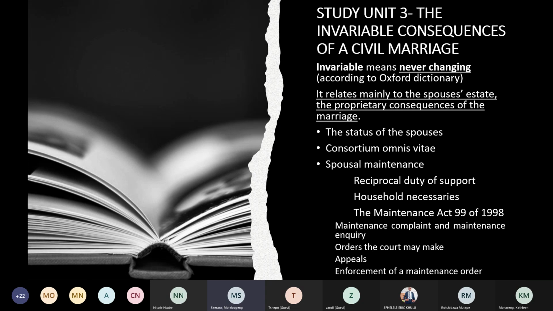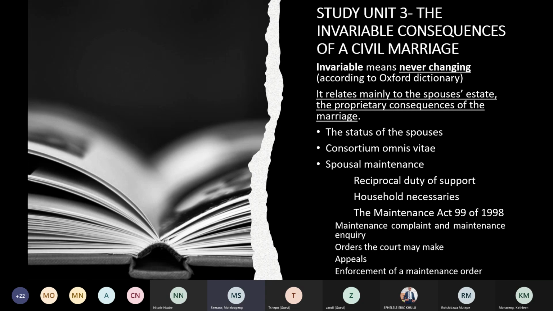The requirements for the capacity to incur debts for the household necessities: a spouse's capacity to purchase household necessities depends on the existence of a valid civil marriage and a joint household. Remember, we tackled the validity of a civil marriage in study unit 1 and 2.